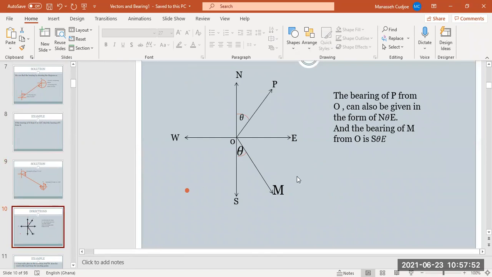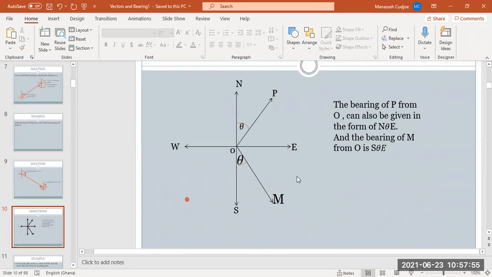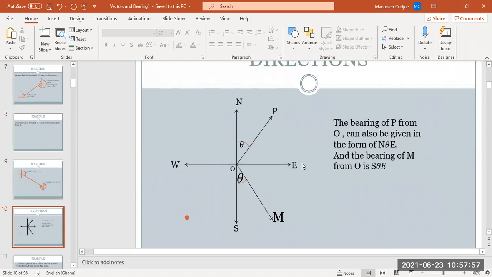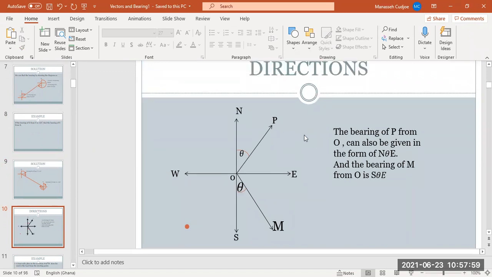All right, so I just want to bring attention to one area that is very important. It's not always that in bearing, the angles will be given in the form of three digits. In some special cases, the angles are given in the form of direction, not a typical bearing.